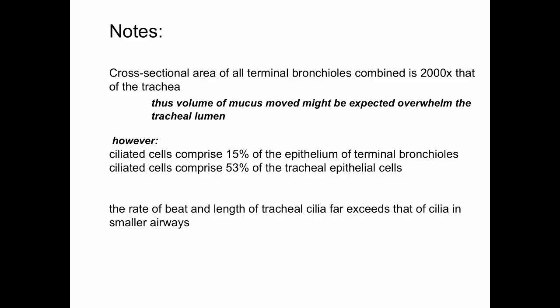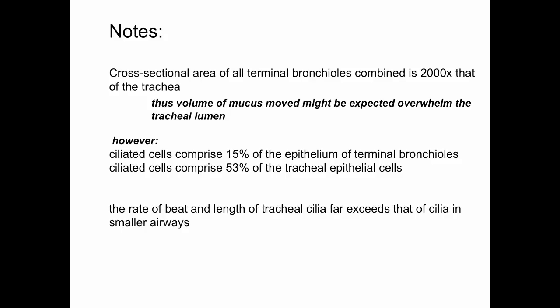The ciliated cells comprise maybe 15% of the epithelium of the terminal bronchioles, but something like 53% of the epithelial cells in the trachea. So even though a lot of mucus is moving up from the terminal bronchioles towards the trachea, there are many more ciliated cells in the trachea that can move that mucus away.